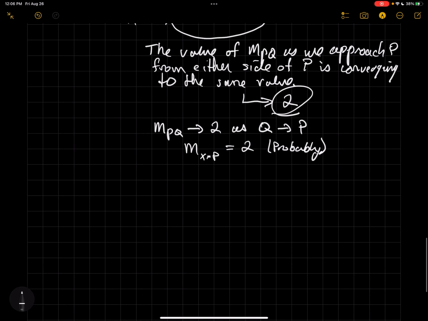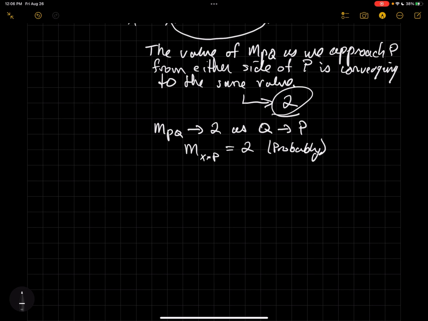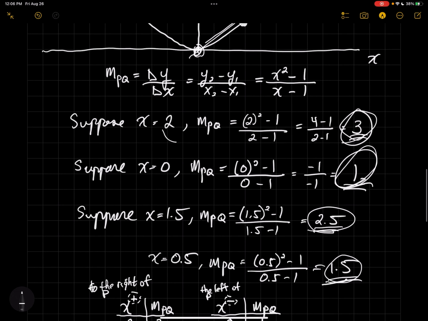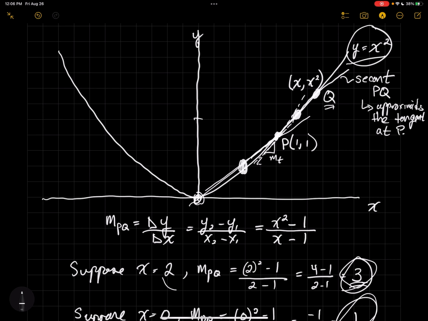So the way that we would write this generally, okay, is we would say that the limit as Q approaches P of the slope of the secant PQ is equal to the slope of our function at point P, okay? And since our x value of interest was 1, right? So remember, this was our point of interest.